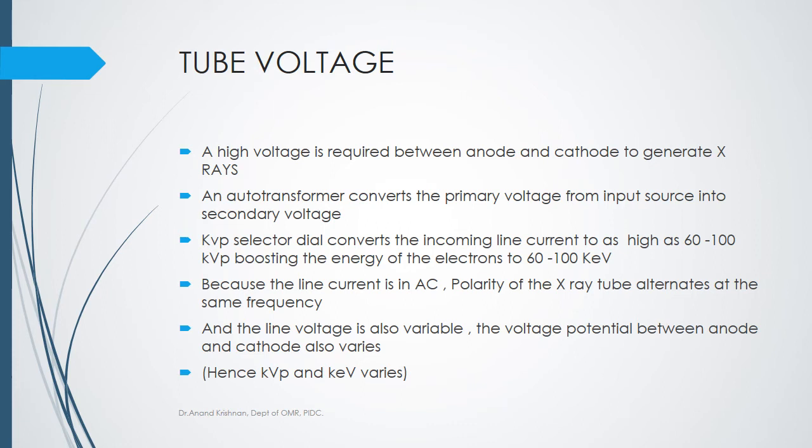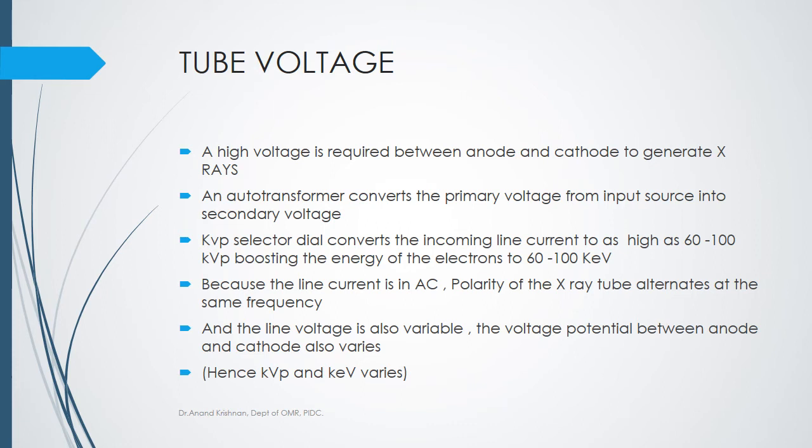So the kVp dial selector generally converts the incoming line current to as high as 60 to 100 kVp, boosting the energy of electrons. So mA decides how many electrons are produced, and kVp decides the energy of the electrons, that is how intense it is going to be.